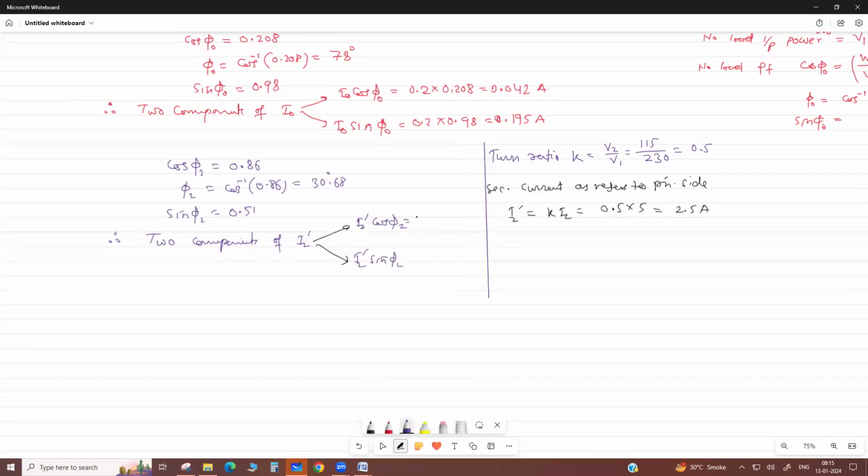Then it is 2.5 into cos phi 2, which is 0.86. And this is 2.5 into 0.51.